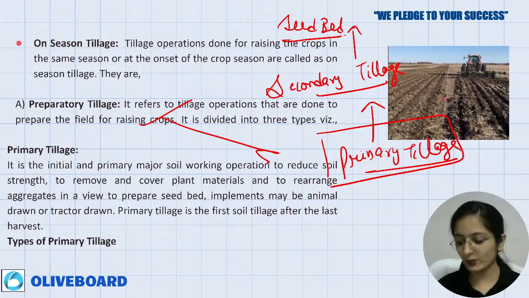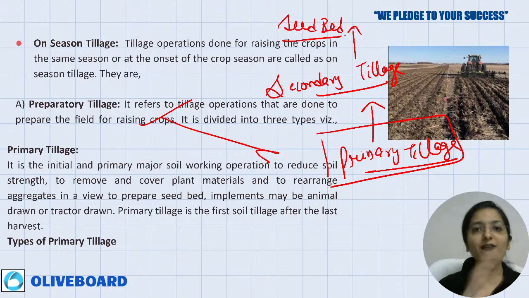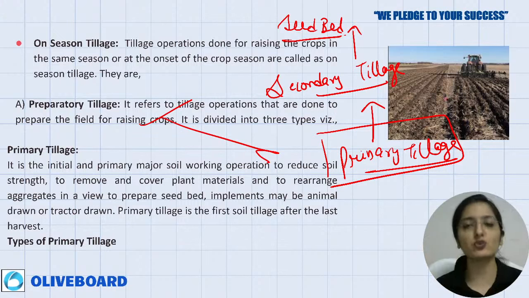If I am saying when you are at initial stage, what do you understand by it? So basically, meaning by primary tillage is कि after you have done your last harvest, now you want to grow, now harvesting is done, now you will have a phase of cropping season, you will have a time after harvesting, and you want to sow again.